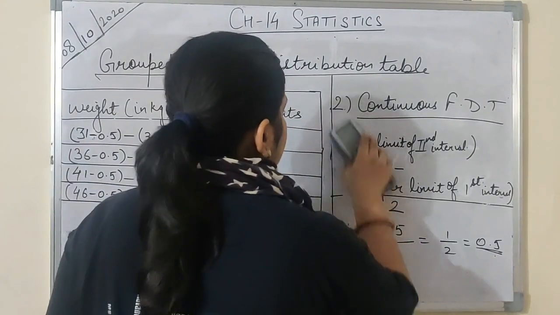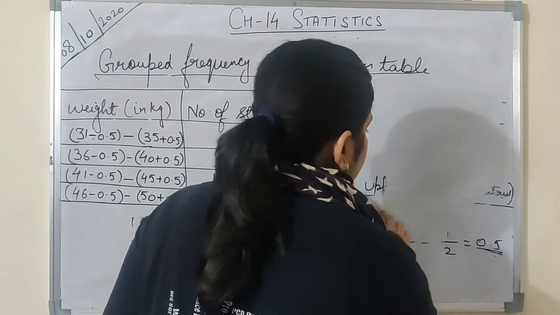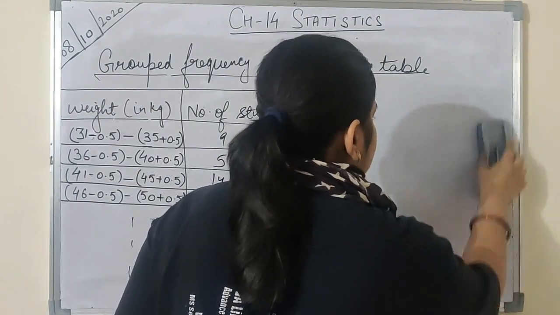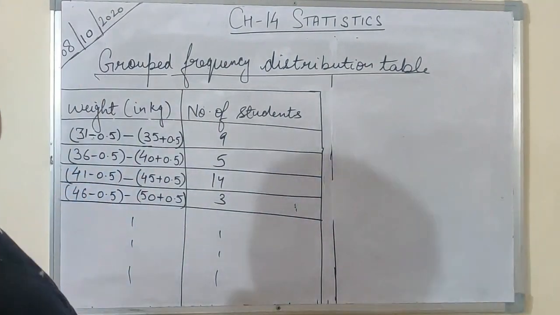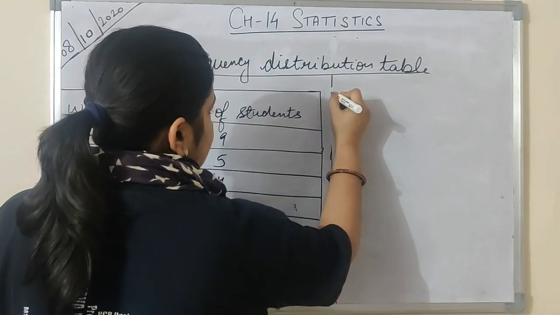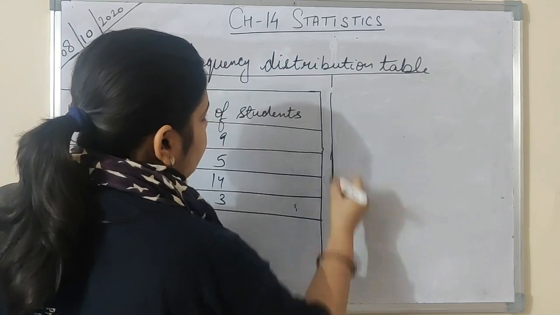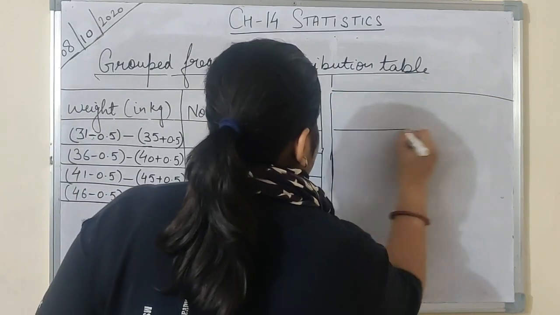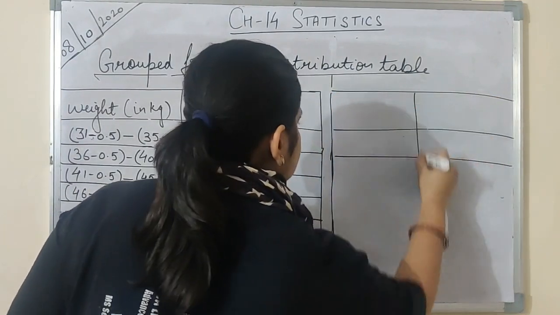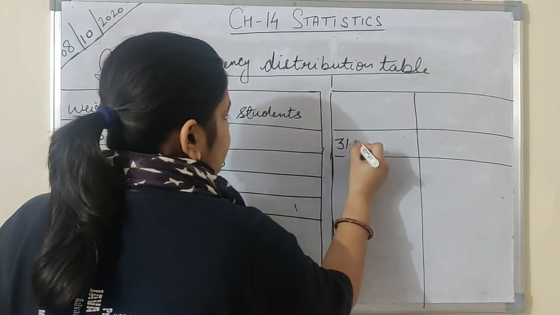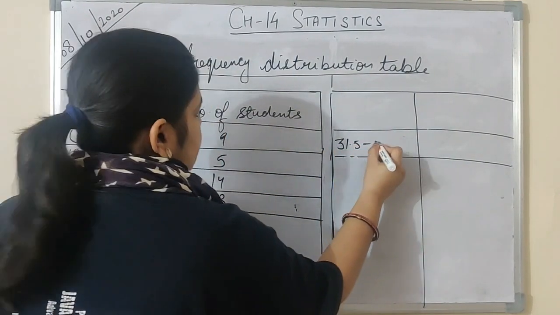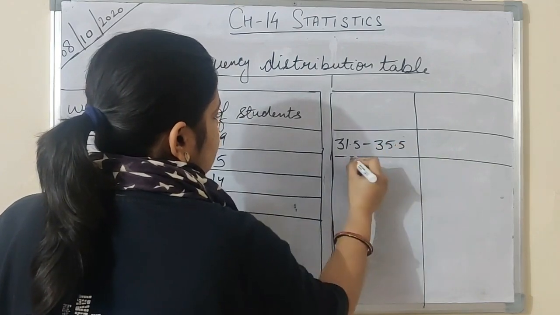Now you will observe that our new table formed will be in continuous data. 31.5 to 35.5, this is the first interval.